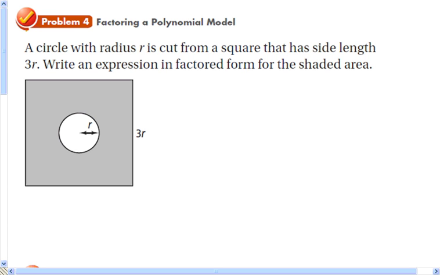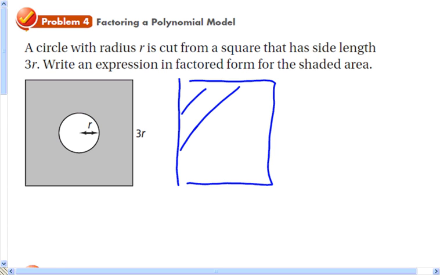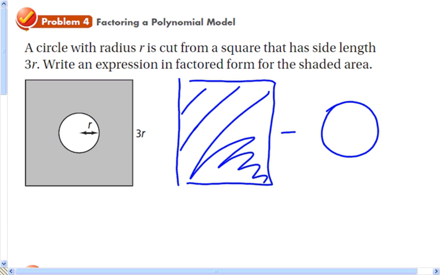Now, let's do some thinking here about how we're going to solve this problem. We want an expression for the shaded area. The shaded area is everything but the circle. So if I take this big area of this square, the whole thing including the circle, and then subtract the area of the circle, that will give me the area of the shaded part.